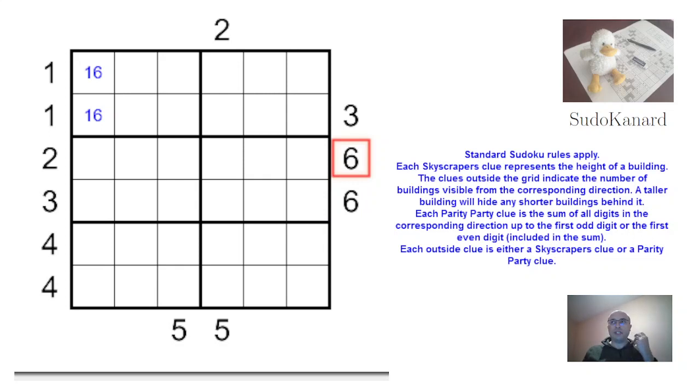If we stop at the first even digit, then this has to be a 6, plain 6. This is left as an exercise. Oh, sorry, that's not right. Sorry, let's do it again. If we start with an even digit, then this has to be a 6. And this is really a good exercise, so I leave it to you.